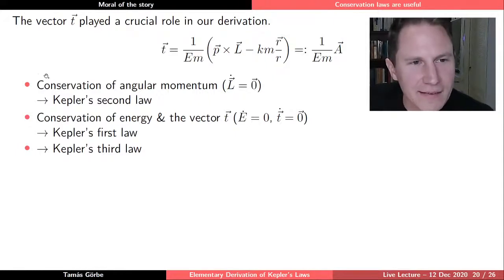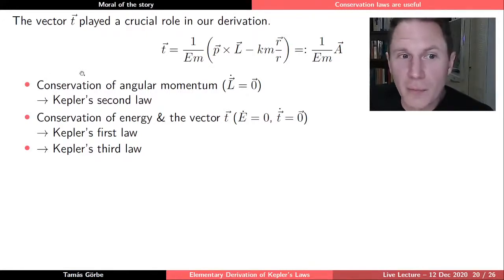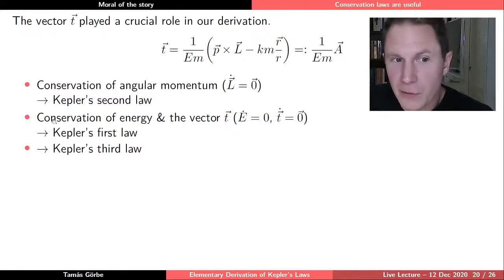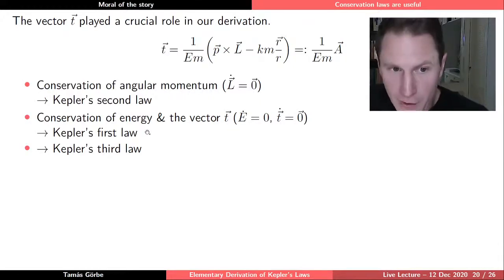So the moral of the story is that conservation laws are very, very important and very useful. We have seen that the conservation of angular momentum led us to Kepler's second law, and the conservation of energy and the vector t led us to Kepler's first law and Kepler's third law.